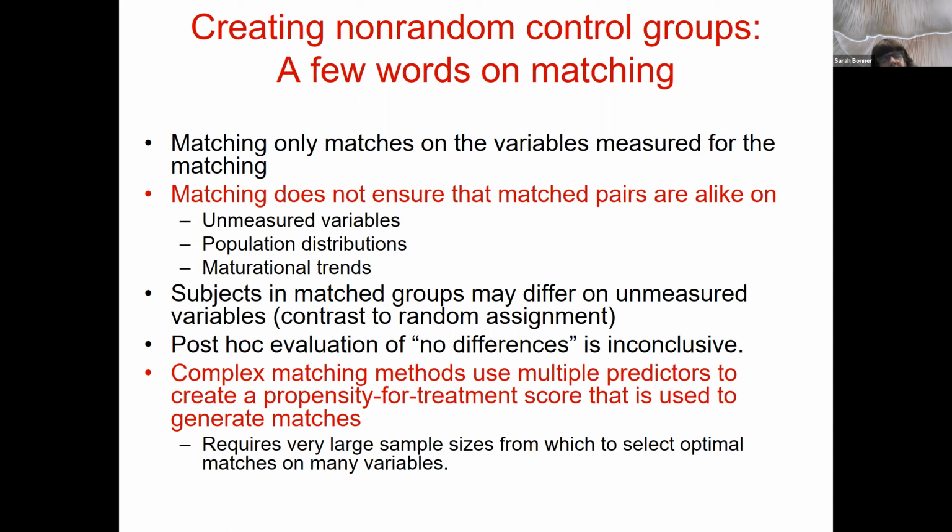This is not random assignment. And for instance, if you have taken twins who were separated at birth, there could be a ton of differences between these two groups, even though you match them genetically.